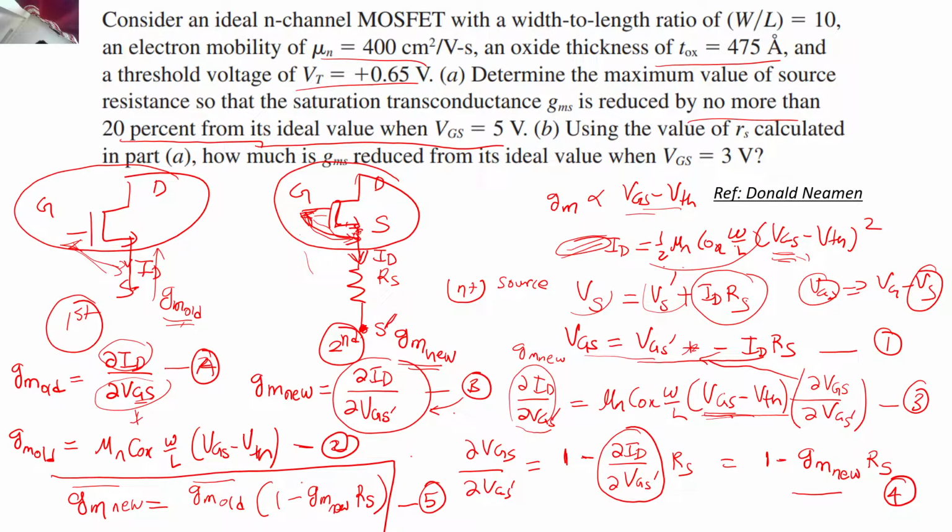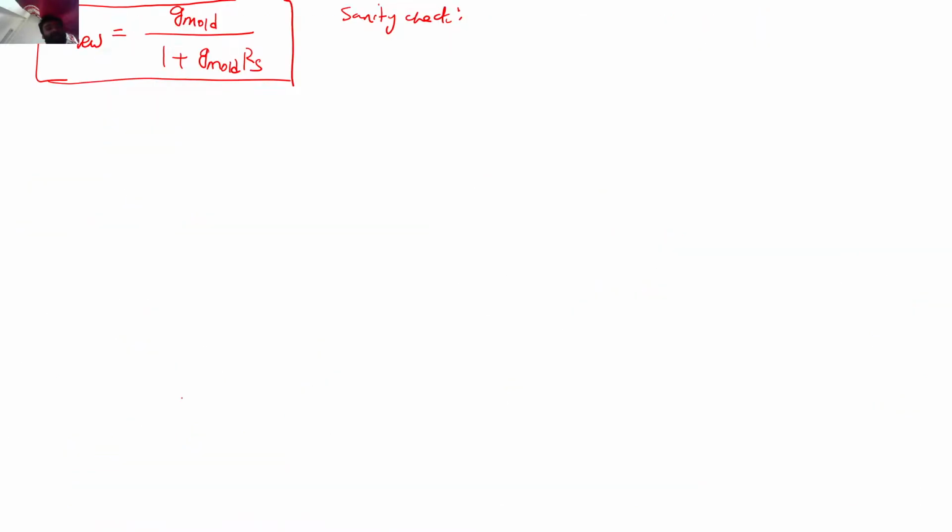You can clearly see that gm old is divided by 1 plus this term, so even if the term is small, gm new is going to be lesser than gm old. So the sanity check confirms what we had done theoretically, and this formula looks like a correct formula.